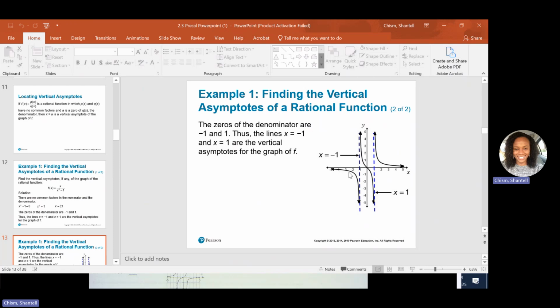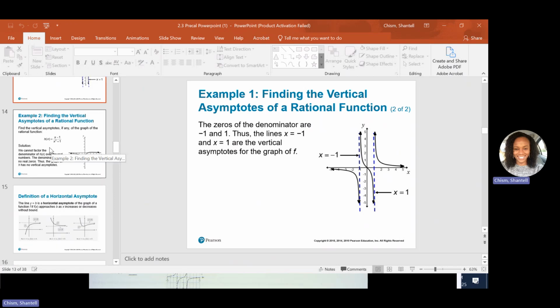You've got part of the graph on the left side of this asymptote, some of the graph in between the two asymptotes, and part of the graph to the right of the second asymptote. So unfortunately, rational functions are not continuous. They have breaks in the graph because of the asymptotes. But this branch, this branch in the middle, and this one all together make up the whole graph of that rational function.